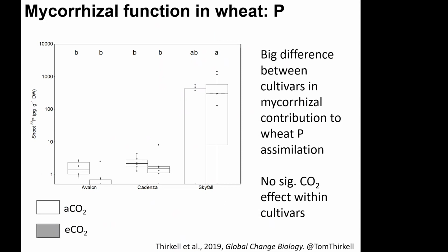So he found that some cultivars accrued a lot of mycorrhizal phosphorus, whereas other cultivars didn't. And he also found there was not this significant CO2 effect within the cultivars, which is a great news story, right? It means that there's still propensity for multiple crop cultivars to make use of mycorrhizas, and that functionality is probably not going to change with changing CO2 in the future.